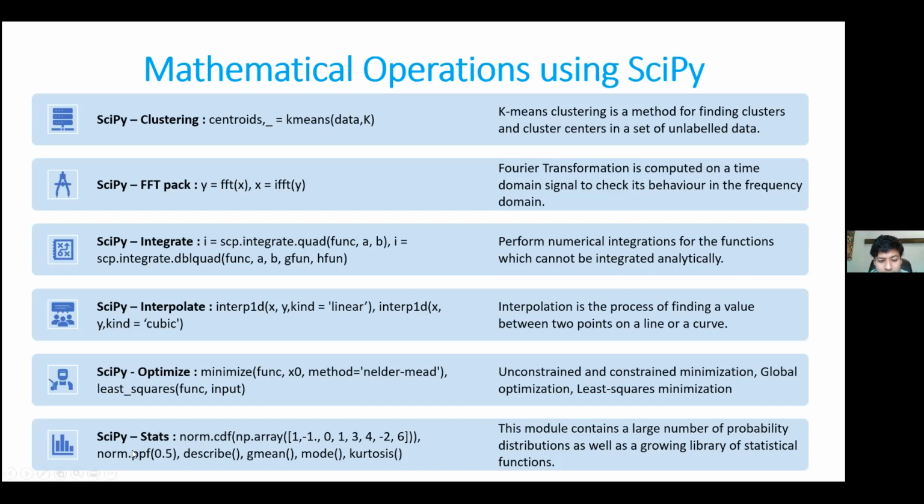Same with norm.ppf, which is the probability function. Then describe is a function that, when you give a data set, gives you all the major statistical properties of the data set. Some more related functions are gmean, mode, and kurtosis, etc. These libraries are still growing, and they are already very strong.